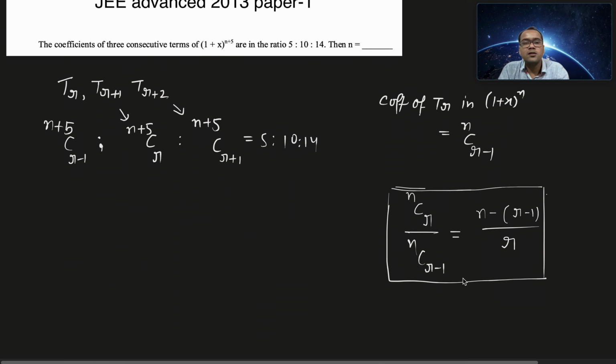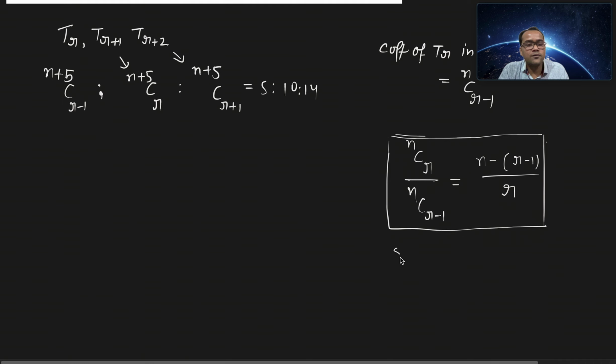So for example, suppose you have 5C3 upon 5C2. What should you be writing? This is the bigger one, so that would be in the denominator, and this is the smaller one, this we have to subtract from 5. So (5 - 2) upon 3. Similarly, suppose you have nC(r+1) upon nCr.